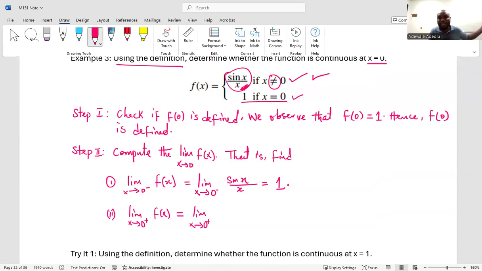That is, either it is negative or positive. That is the part I'm going to consider. So sine of x divided by x. And again, it is 1. Oh, look at that. They are the same. This implies that the limit as x goes to 0 of f of x is 1. We can make that clear.